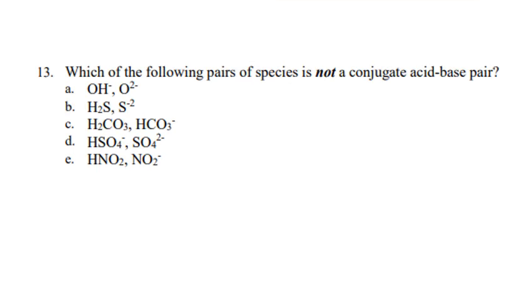For this question, which of the following pairs of species is not a conjugate acid-base pair? By removing hydrogen, you will get a conjugate base, and by adding hydrogen, you will get a conjugate acid. So if HA is the acid, A minus is the conjugate base, because we are removing the hydrogen.